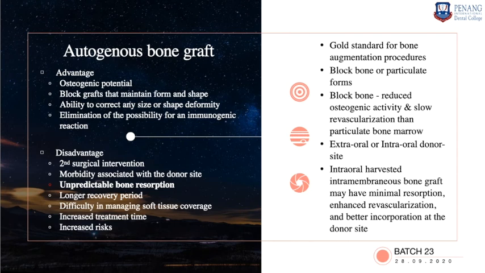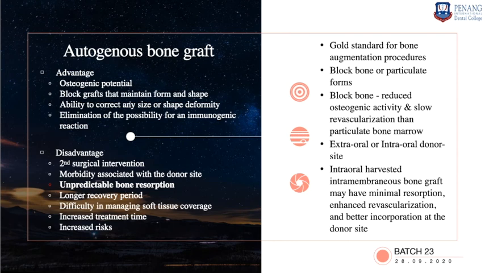The block graft is able to maintain the shape and form of the defect, and it has the ability to correct any size and shape deformities. It can also eliminate any possibility of immunological reactions, because we are going to use the graft from the same person, so there will not be any antigen-antibody reaction. These are the advantages of using an autogenous bone graft.